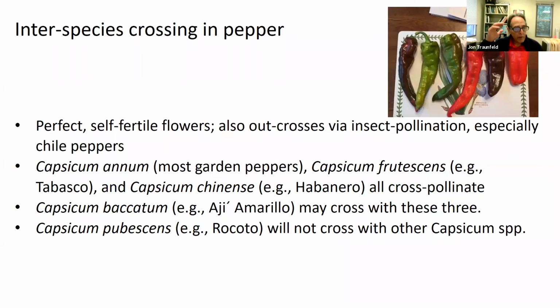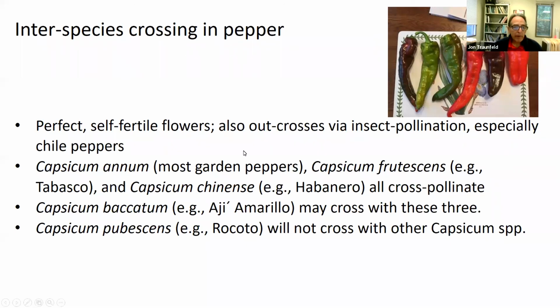There was a question about peppers. Here's the other thing about peppers. So we did mention that they outcross more so than tomatoes, certainly, even though they're in the same family. And the same would be true of eggplant.